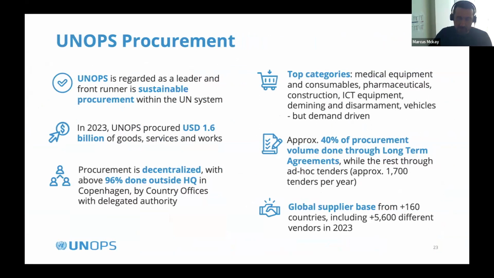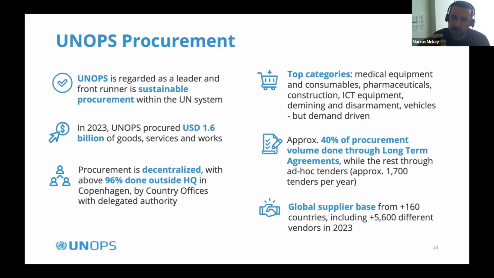It's interesting actually because the previous speaker, Phoebe, was talking about the importance of sustainability and procurement teams working together. Well, I'm very proud that at UNOPS, we actually have a sustainable procurement team. It was recently renamed to the Sustainable Supply Chains team that I lead.